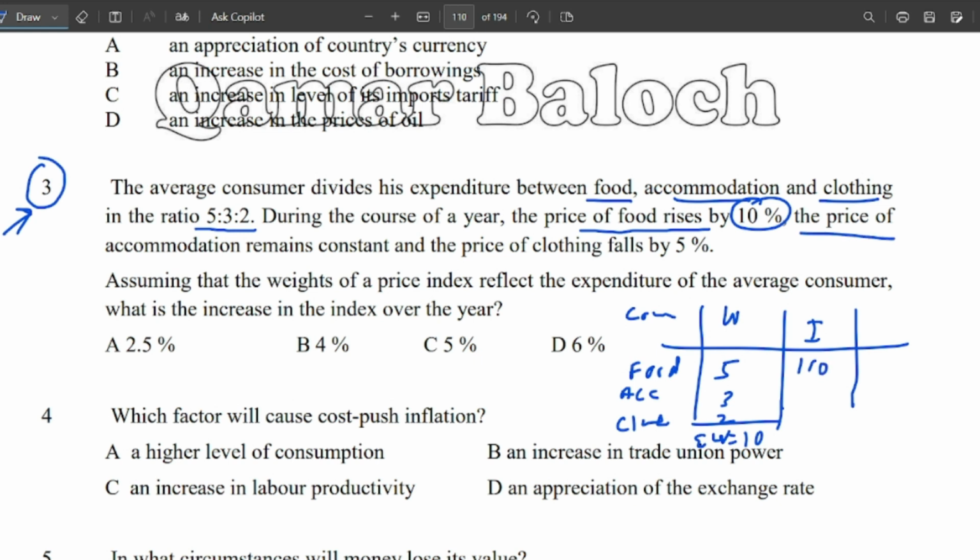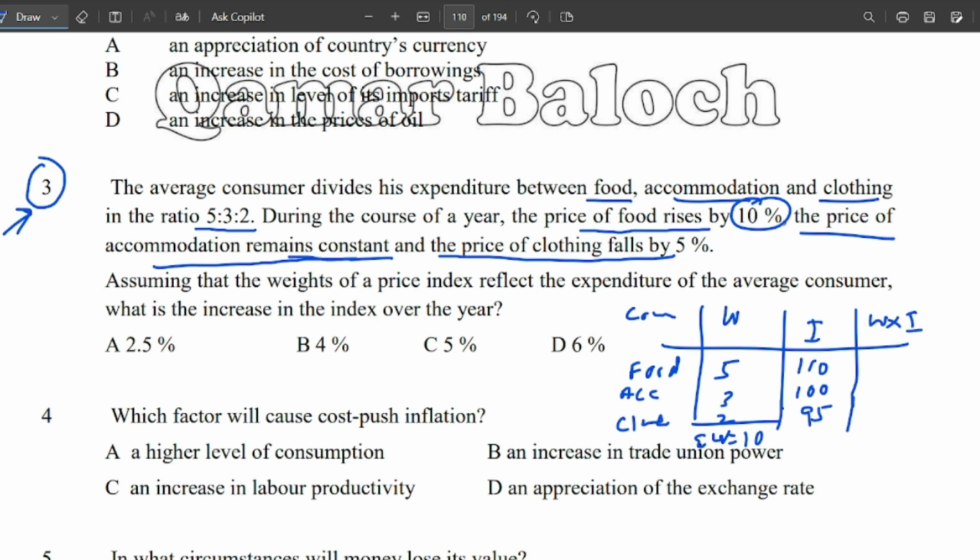Next, the price of accommodation remains unchanged, so its index will be exactly the same, that is 100 as in the previous year. The price of clothing falls by 5%, so it will be 95. If there is a fall in price, we deduct it from 100, and if there is a rise in price, we add it to 100. If there is no change, we keep it as 100.